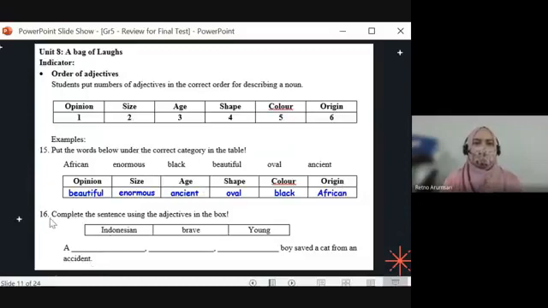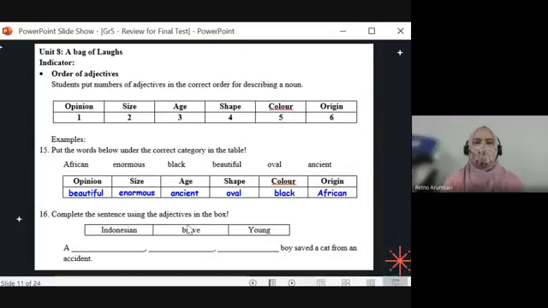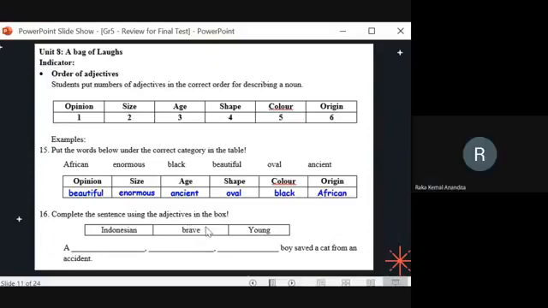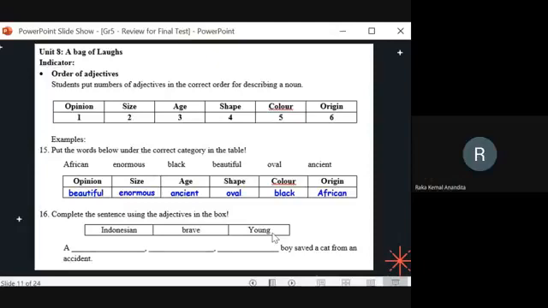Now, after that, we have three adjectives that we need to put before a noun here. How do we put them together? Just follow the order. Complete the sentence using the adjectives in the box. What is Indonesian? Origin. What is brave? Opinion.